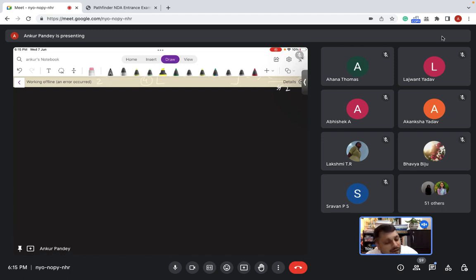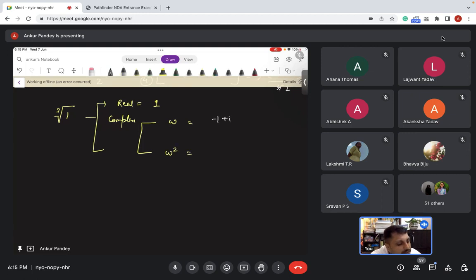You will answer that there are 3 cube roots of 1. Real cube root is 1 only. Complex cube roots are 2. One is called omega, another one is called omega square. The value of omega is minus 1 plus i root 3 by 2. The value of omega square is minus 1 minus i root 3 by 2. Understood?